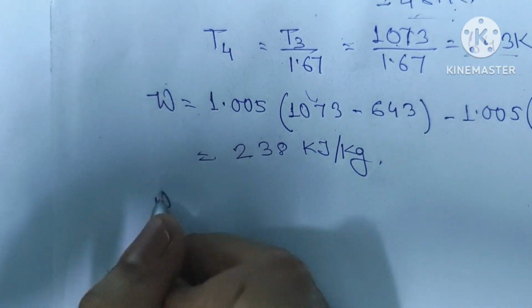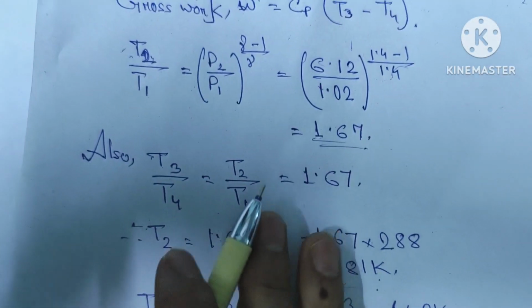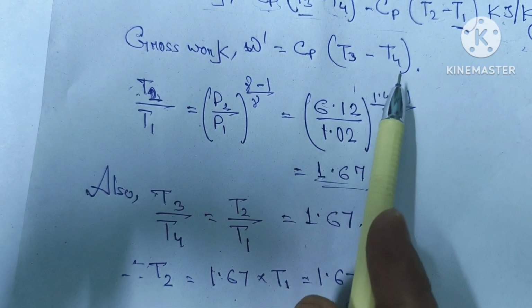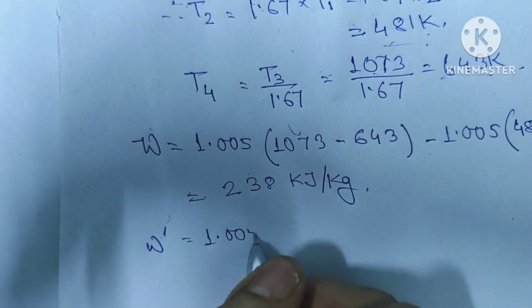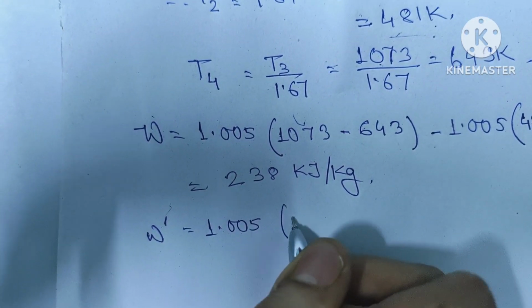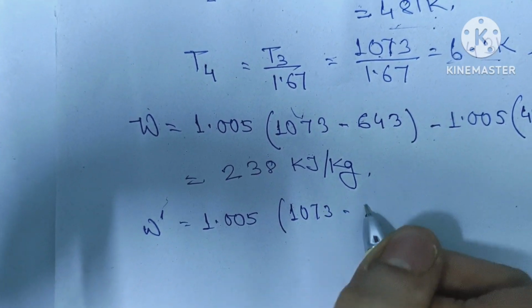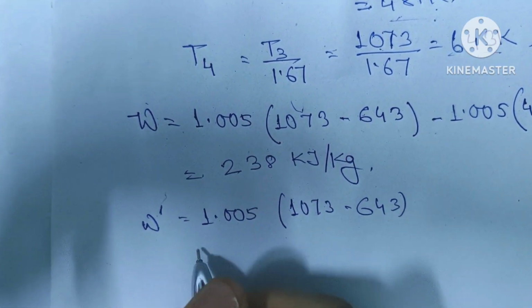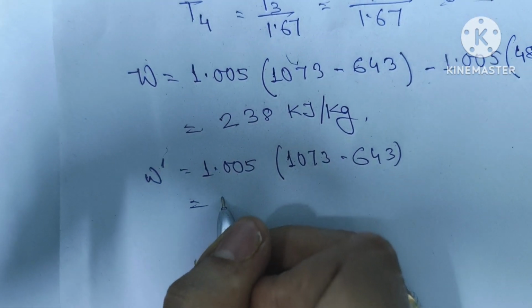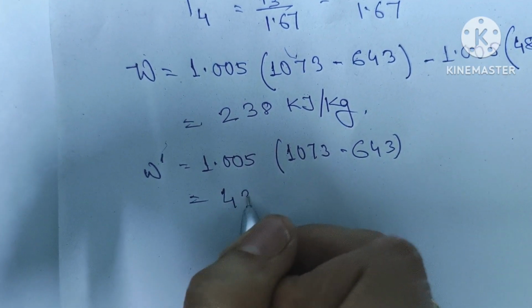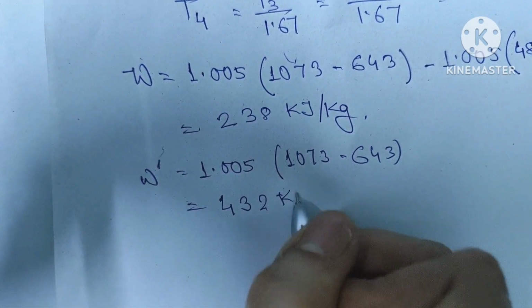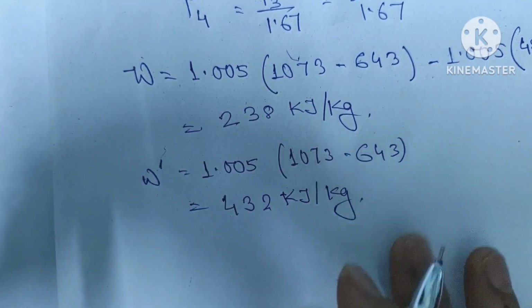And now for gross work, that is W dash, the formula is W dash equals to Cp into T3 minus T4, that is 1.005 into 1073 minus 643, and by calculating this you will get the gross work done is 432 kilojoule per kg.